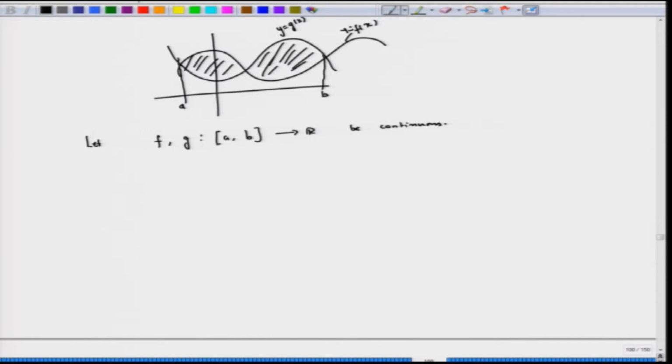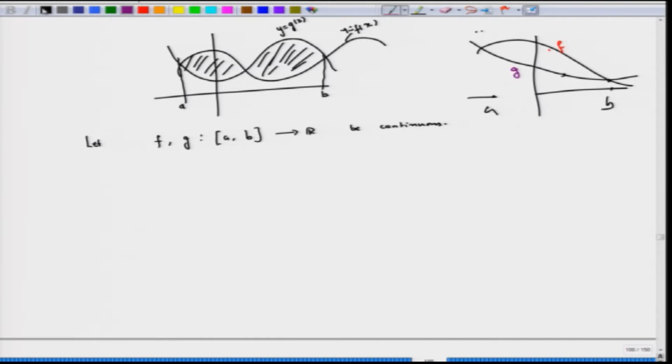As you can see, let us do a very simple curve first. Suppose this is the curve, this is a and this is our b, and I have another curve. This is my f and this is my g.